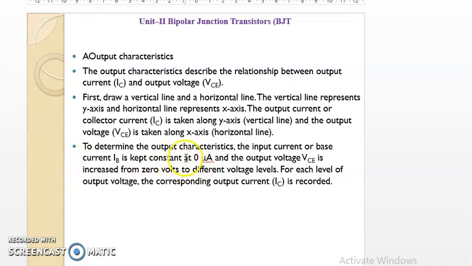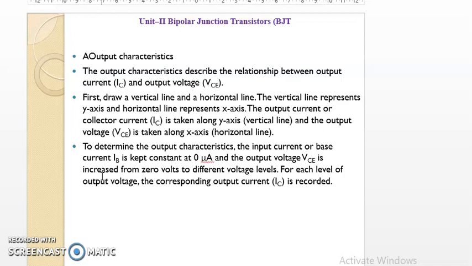Initially let's put the input current as 0, that is 0 microampere, and the output voltage VCE is increased from 0 volt onwards for different voltage levels. For each level of the output voltage, one should note the corresponding output current IC.